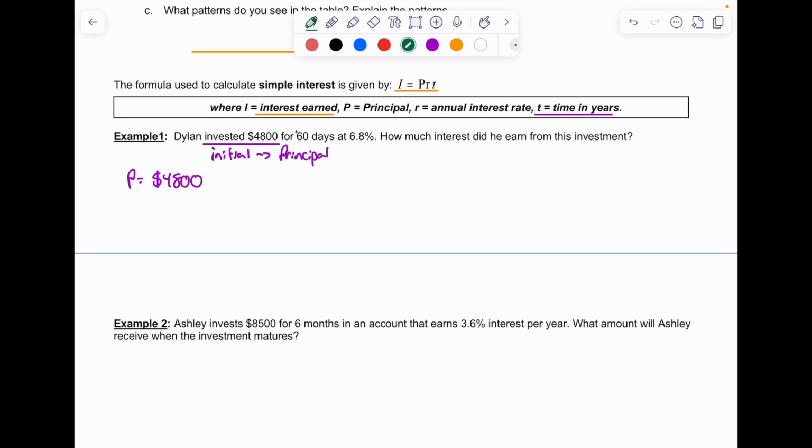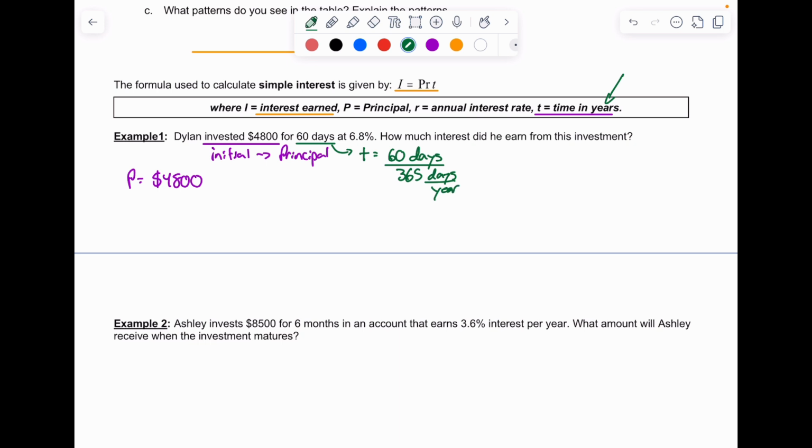For 60 days. Okay, well, this piece of information right here, I should underline it. This piece of information is telling you that the total time that you are investing it is 60 days. However, notice this needs to be in years. So we have to convert 60 days into years. So how do we do that? Well, we need to divide this by 365 days for every year, right?